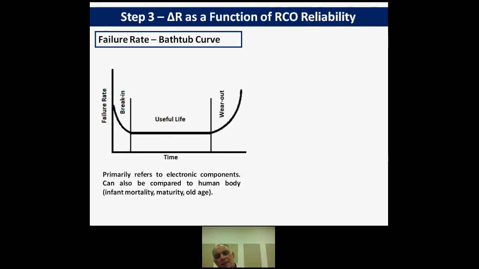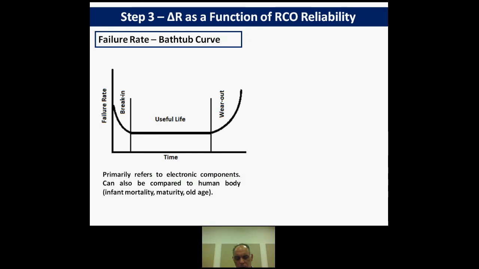I'm again saying that we have to embark on this because when we have a risk control option, in order to be able to evaluate the risk reduction which it will offer, we must be able to look at its reliability, and we can distinguish in various phases its reliability throughout its life.